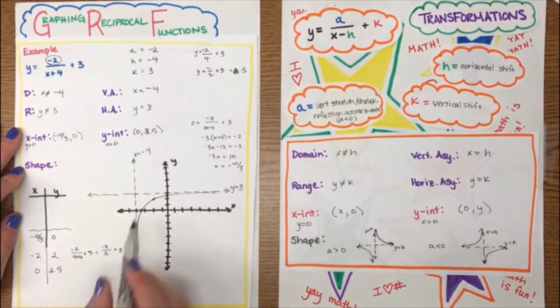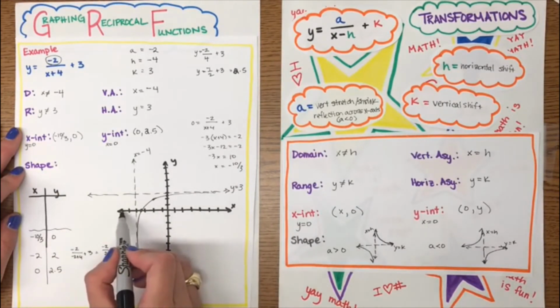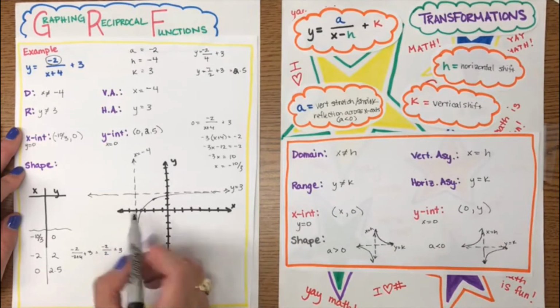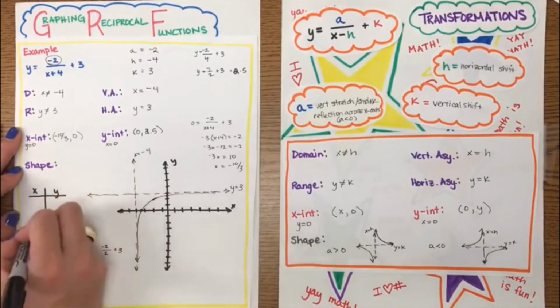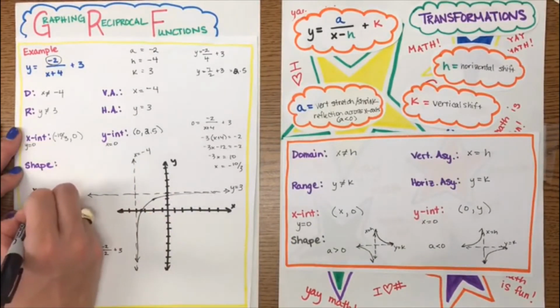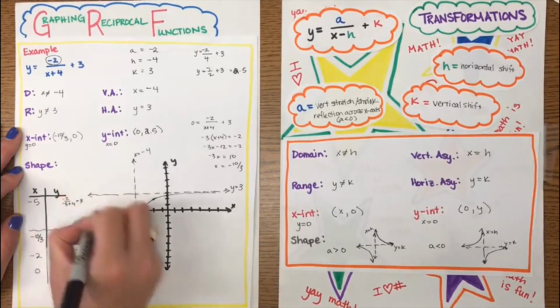I can connect these points and see that they approach my asymptotes. And I'm going to pick some values to the left, 2 units away, so let's go over to -5. If I plug in -5, I get -2 over -5 plus 4, plus 3.